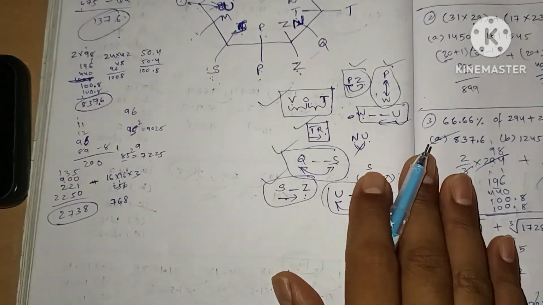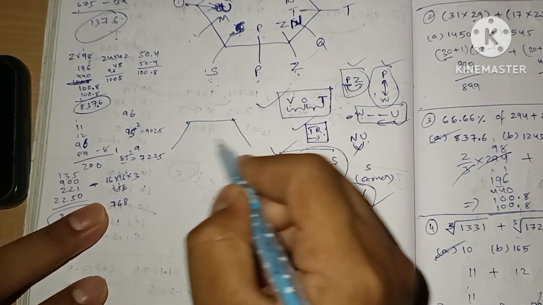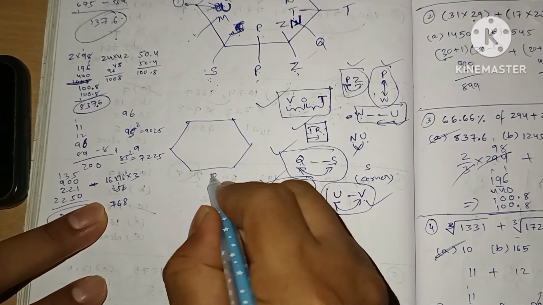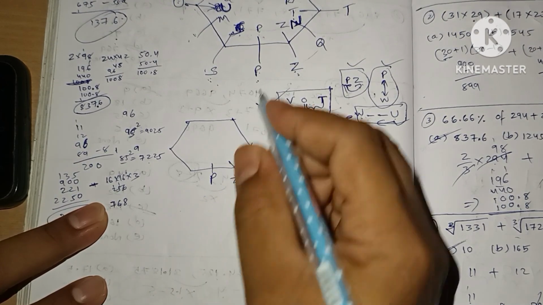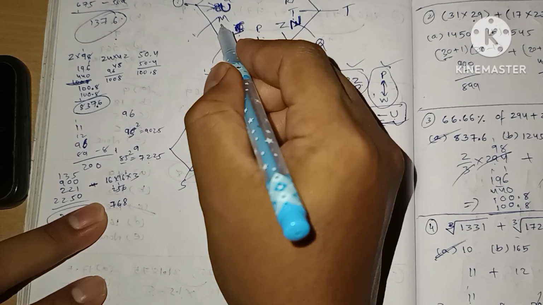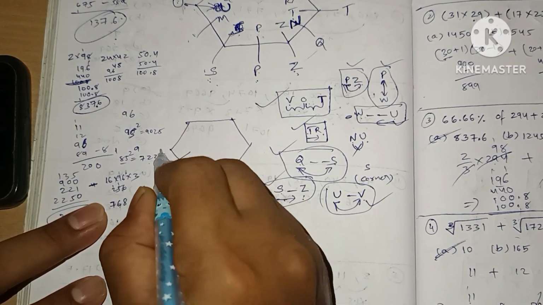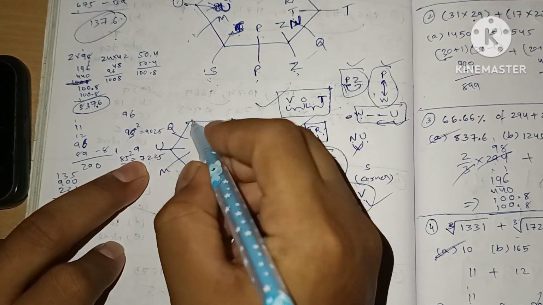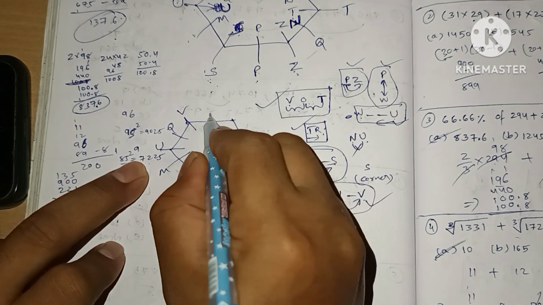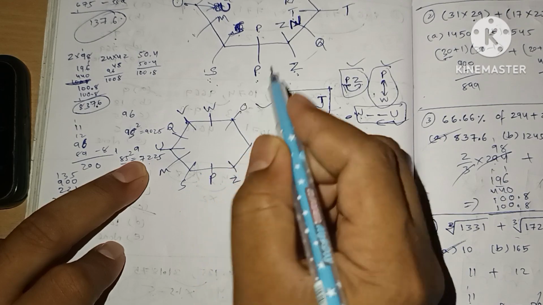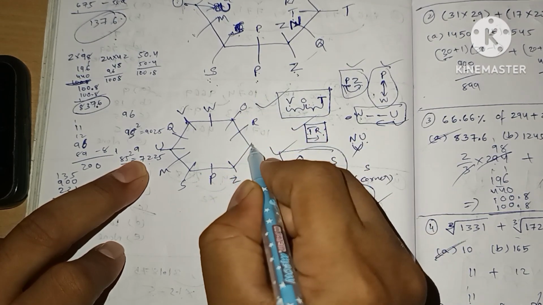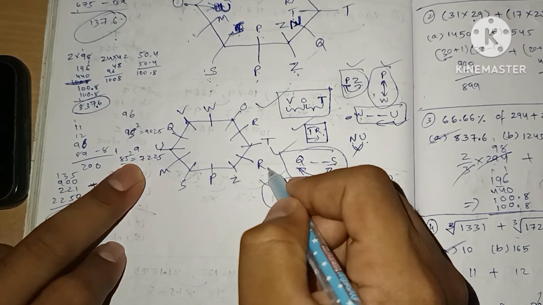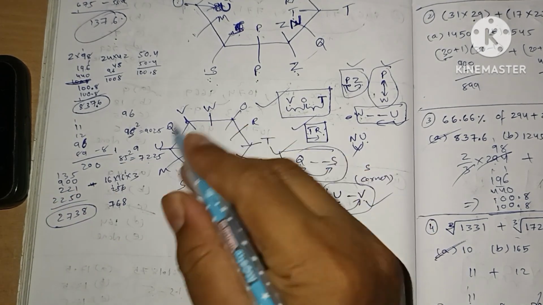So what we get, the answer is P, Z, S, M, this one is U, Q, V, W, O, R, T and N. Okay, this is the solution we got.